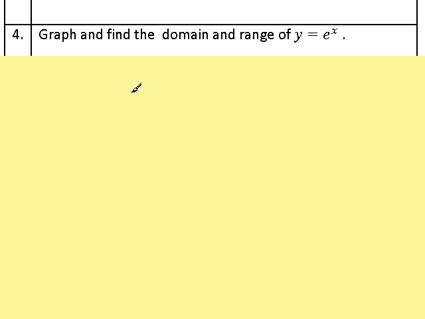In number 4, we want to graph and find the domain and range of y equals e to the x. So this is an exponential function. The base e is approximately 2.71, so it's greater than 0. We already saw the graph of y equals 2 to the x. The graph of y equals e to the x is going to be similar. We'll do a little table of values.